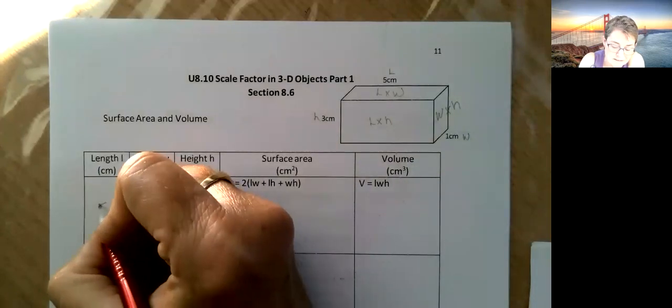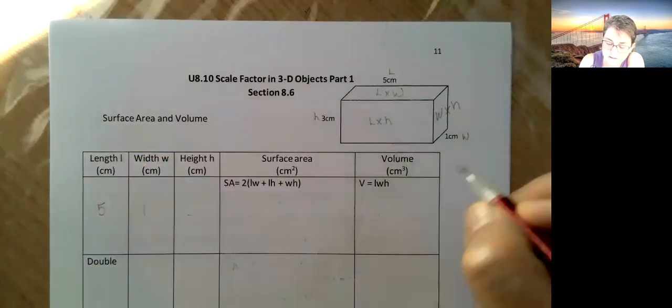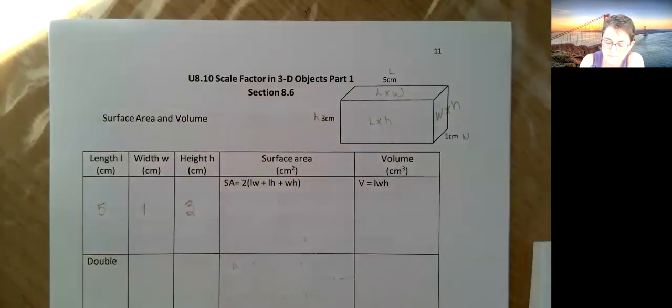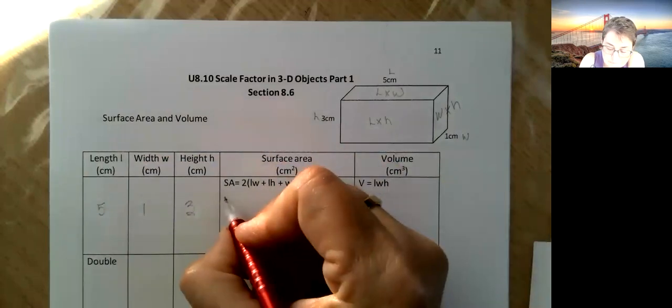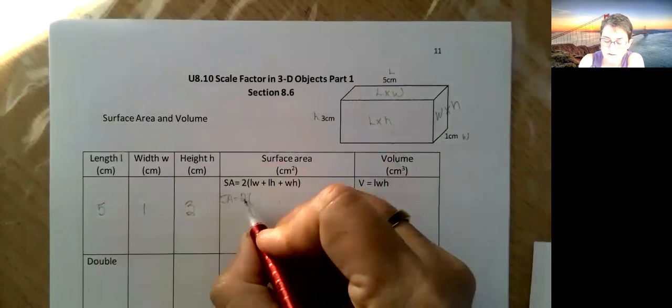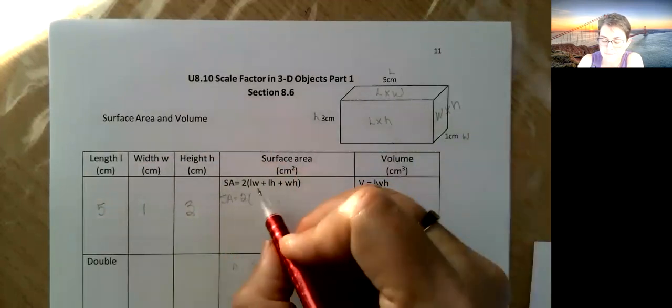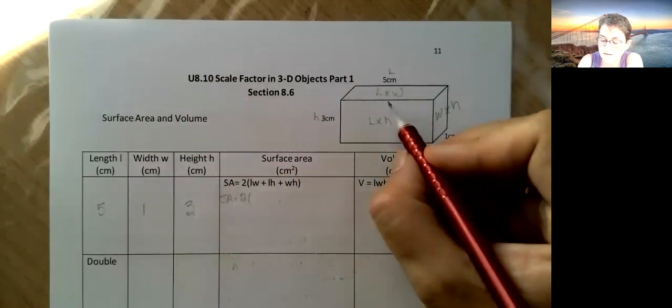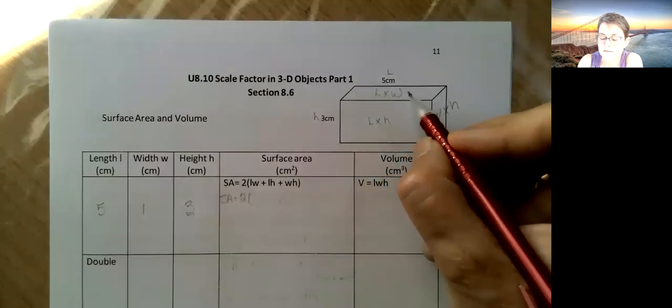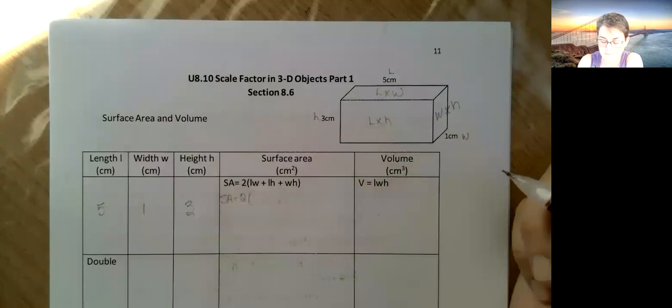All right, so our length is 5, our width is 1, and our height is 3. So the handy dandy textbook gave us the formula for surface area. And it's twice. Now the 2 comes from, okay, so length times width is the top part here, and that 2 out front is because there's a top and a bottom.